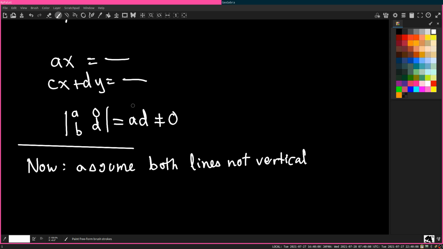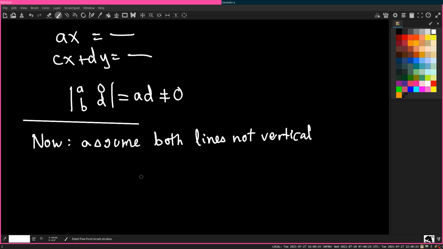We covered the case where both lines are vertical, in which case the determinant is 0, and where only one of the lines is vertical and the other one isn't, in which case the determinant is not equal to 0. So now we're going to talk about both lines not being vertical, and the reason is that I want to be able to write the equation in slope-intercept form.